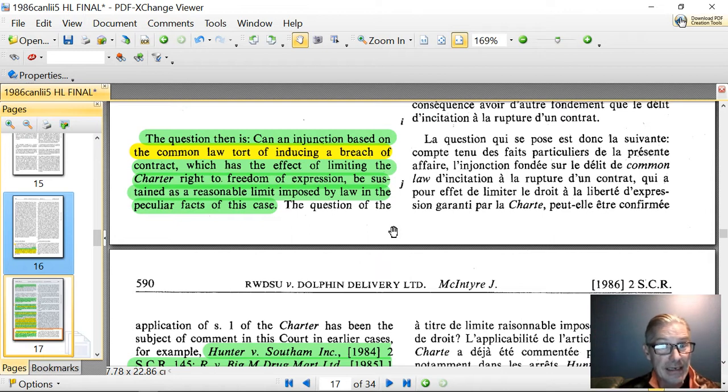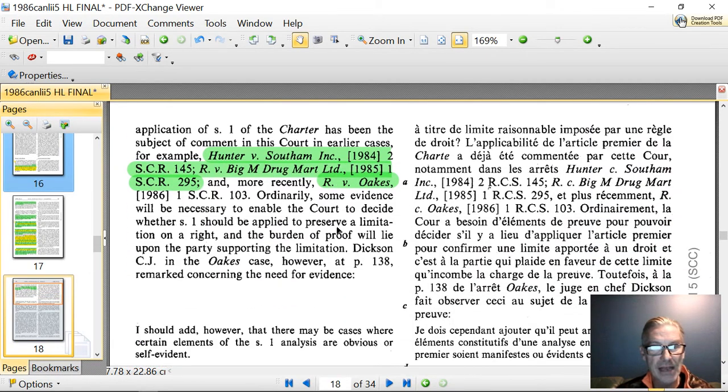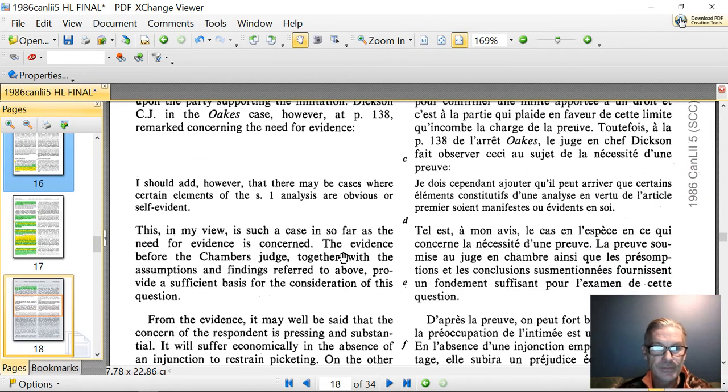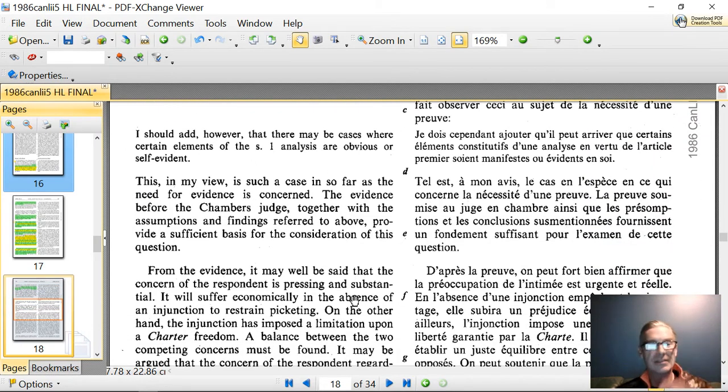The question then is, can an injunction based on the common law tort of inducing the breach of contract, which has the effect of limiting the charter right to freedom of expression, be sustained as a reasonable limit imposed by law in the particular facts of this case? And he cites other cases, Hunter versus South End Inc., Regina versus Big M Drug Mart, Oaks. Again, there's a lot of cases that are cited over and over.